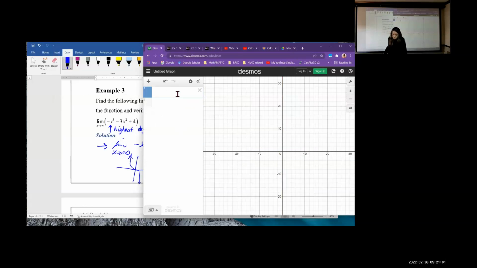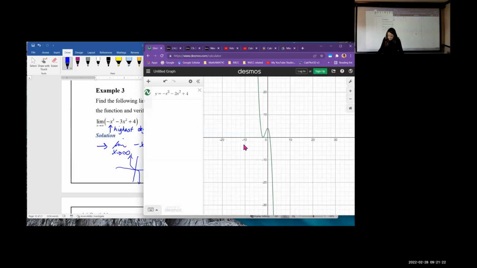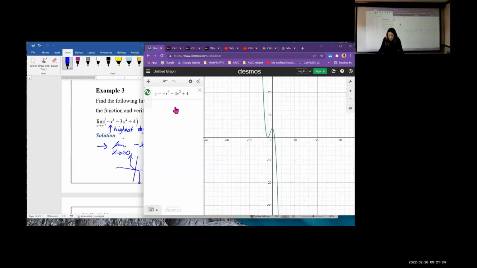So let's look at the graph of negative x to the third minus 3x squared plus 4. Here's our graph right here. And I'm also going to graph the asymptotic graph, the one it approaches, which is y equals negative x cubed.